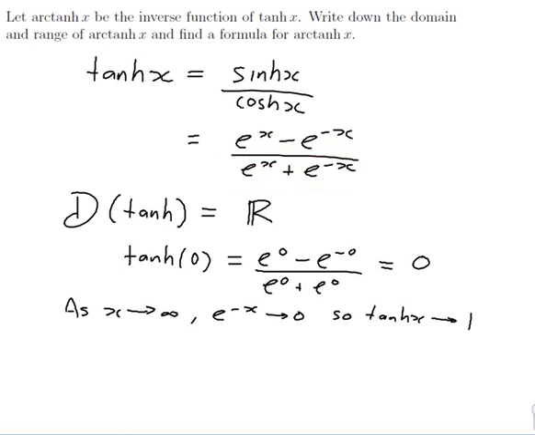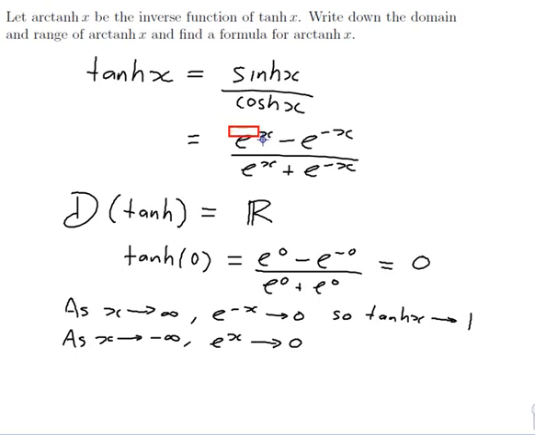Now let's see what happens as x goes to minus infinity. As x goes to minus infinity, well, e to the minus x would go to e to the plus infinity, so e to the x would go to e to the minus infinity, which goes to 0. So let's have a look at what happens there.